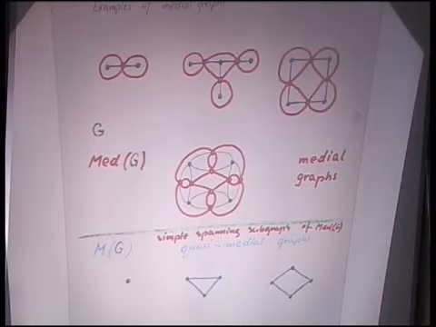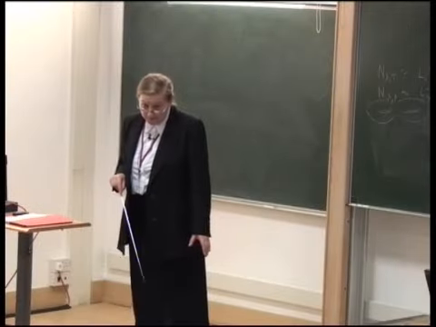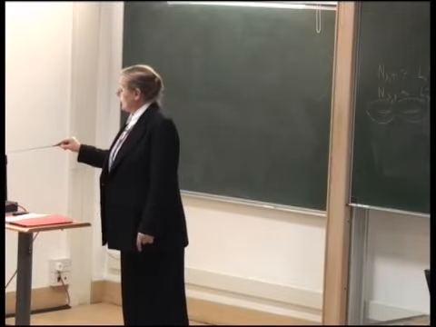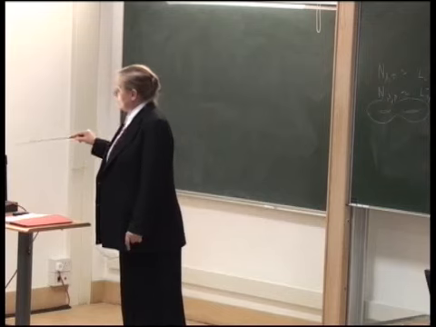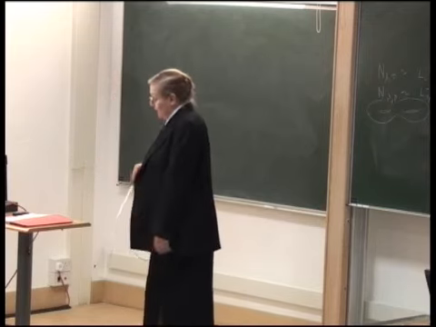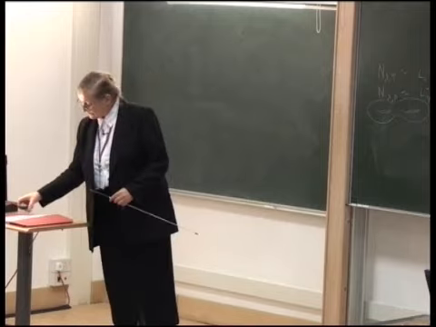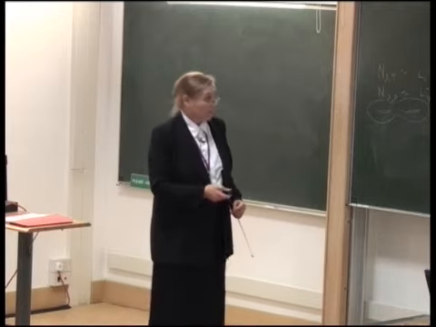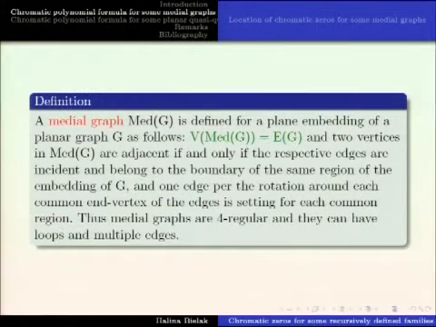So in fact, we consider the maximal spanning simple subgraph of the medial graph, and I call this graph a quasi-medial graph and denote it by capital M of G. For these cases we have these respective quasi-medial graphs. So, this is the formal definition.